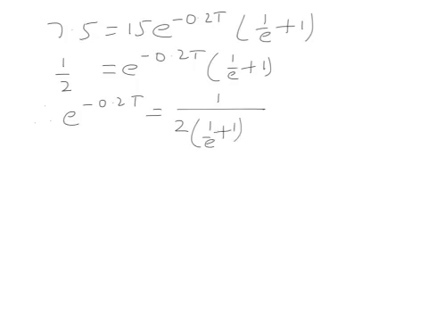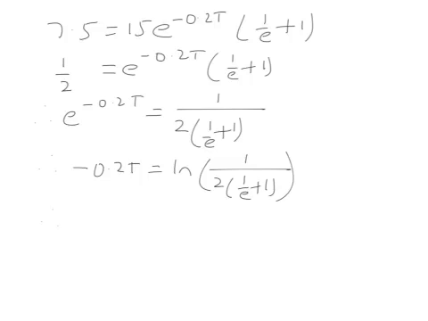Now the inverse of e is ln, so minus 0.2t is ln of 1 over 2 lots of (1 over e plus 1). So therefore t is, divide both sides by minus 0.2, so that's minus 5 ln of 1 over 2 over (1 over e plus 1).